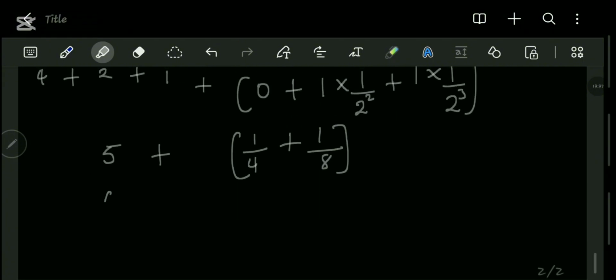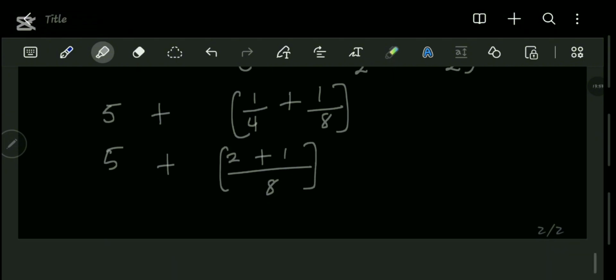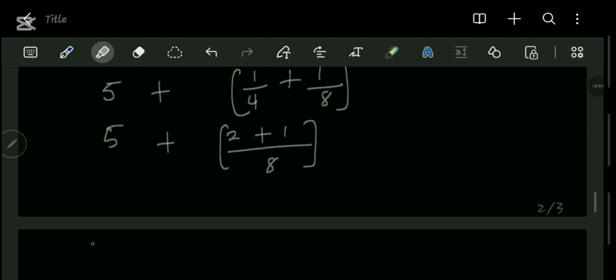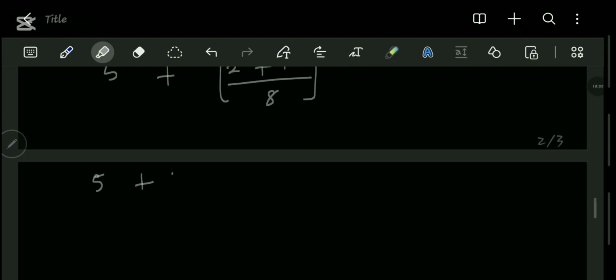So you have that 5 multiplied by, if you work on this one here and find the LCM, that's 8. 4 here is 2. Multiplied 1 to give us 2. Plus 8 here is 1. Multiplied 1 to give us 1. So if you continue for that, you have that 5 plus, this is going to be 3 over 8.